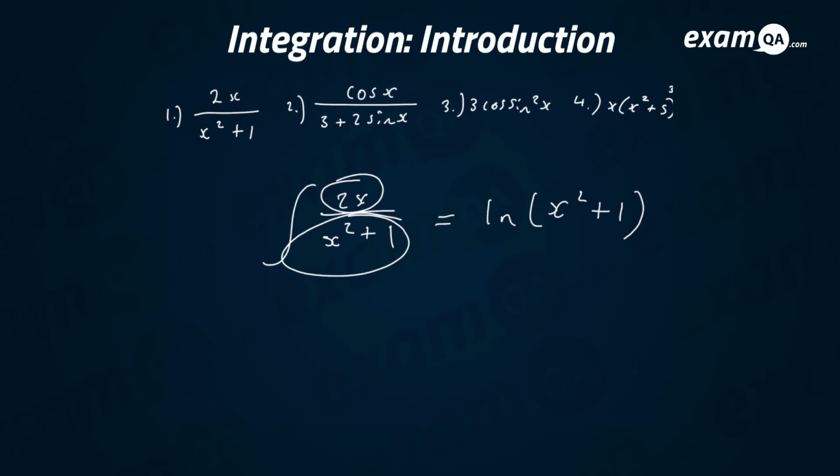This is the reverse chain rule, because what happens if I differentiate ln of x squared plus 1? What's the differentiation of x squared plus 1? 2x. What do you put that all over? You put it all over x squared plus 1. So as soon as you see the derivative of the bottom at the top, you should straight away write ln of the bottom function.